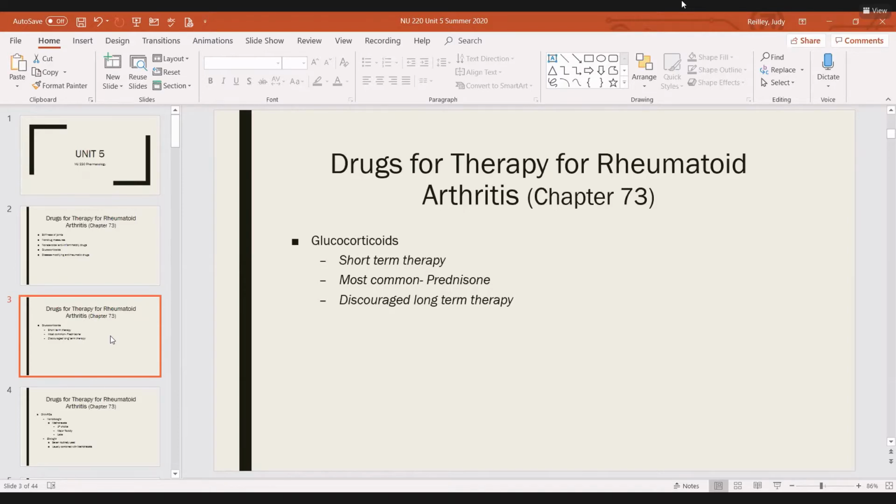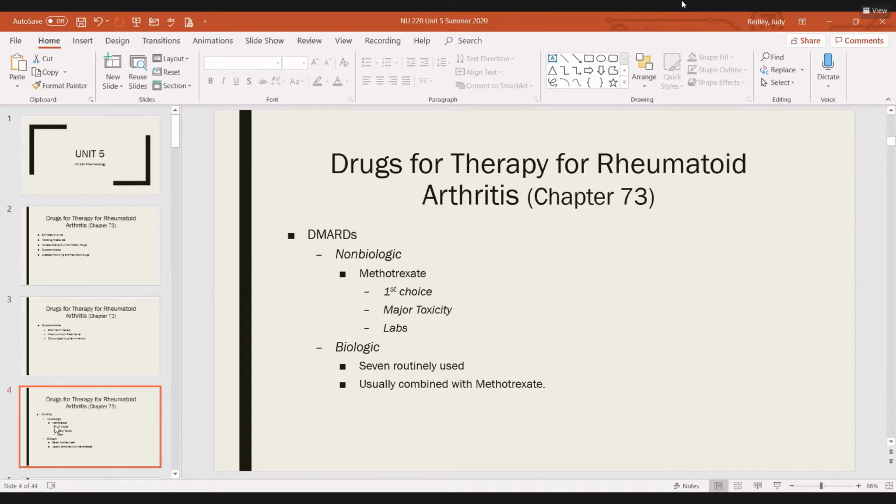Usually patients with RA use glucocorticoid steroids short-term while they're building up therapeutic effects with methotrexate, the other medication used to treat RA long-term. When you look at your DMARDs, your disease-modifying anti-rheumatic drugs, you're looking at non-biological and biological.